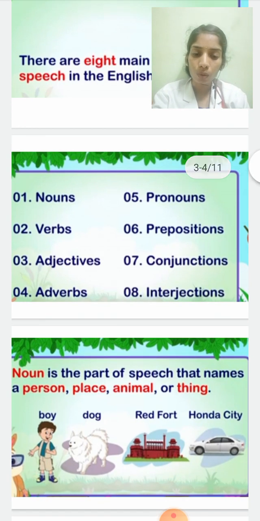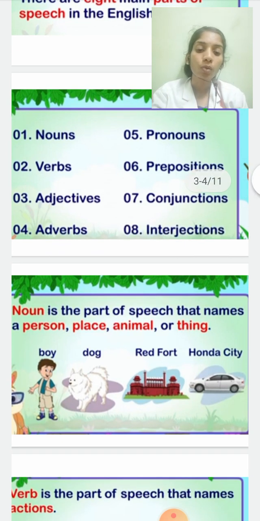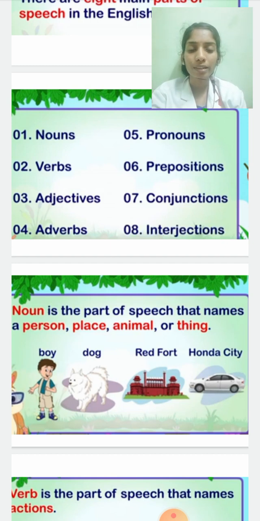So what is a noun? A noun is a naming word actually. People might be familiar with that. It represents a place, person, animal, anything that exists.